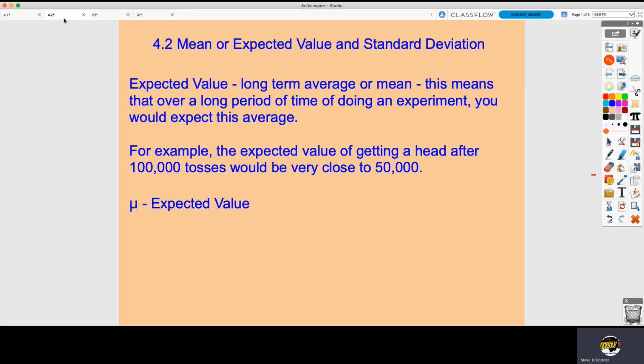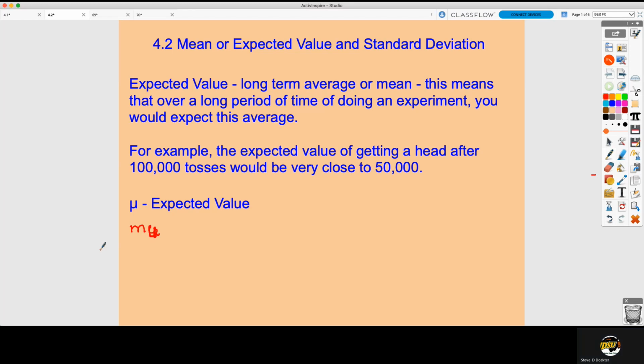One variable that you are going to see that is new is this variable here. It looks like a U with a tail on the front of it. How we pronounce that is mu. So mu is what you're going to hear. So mu is the expected value. All right.